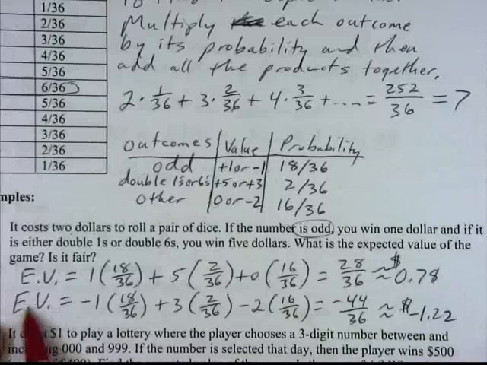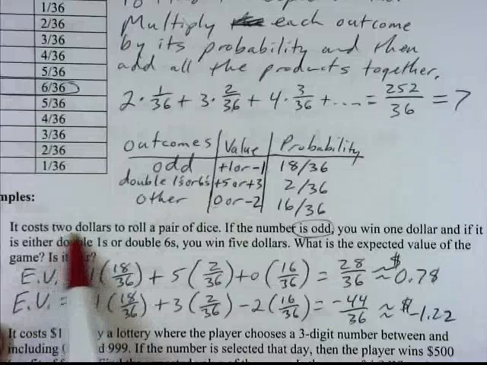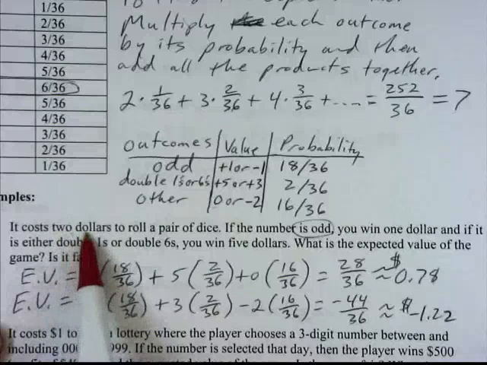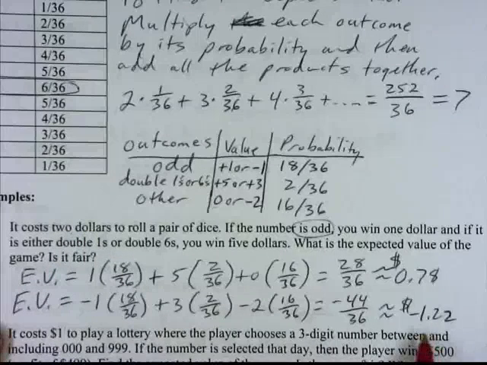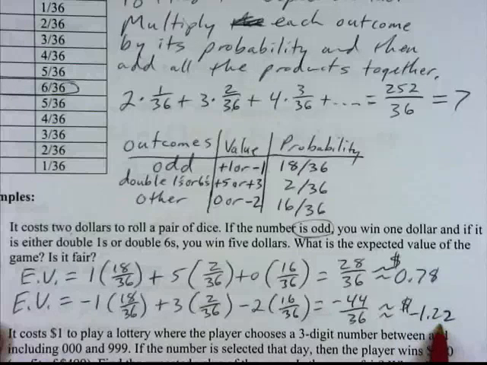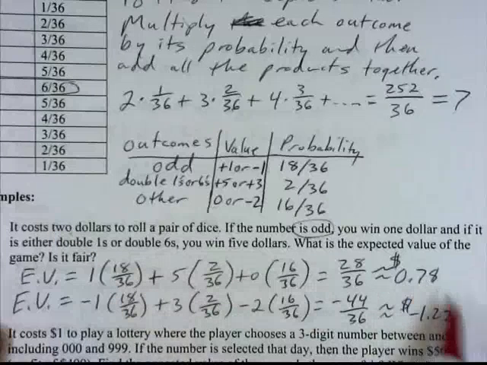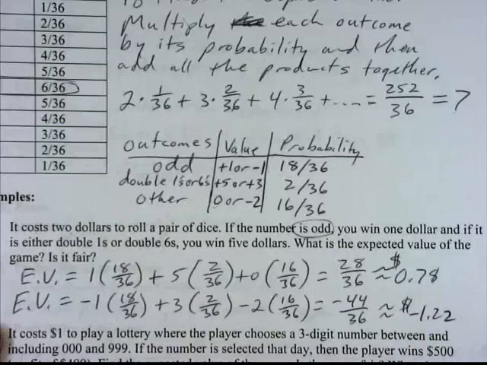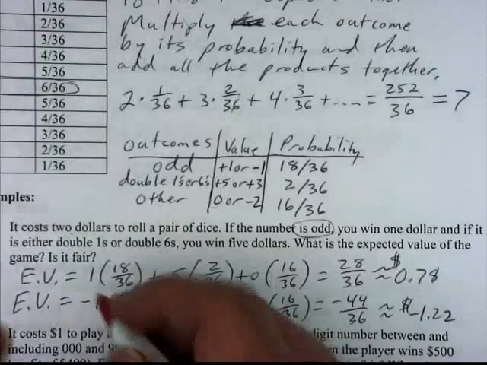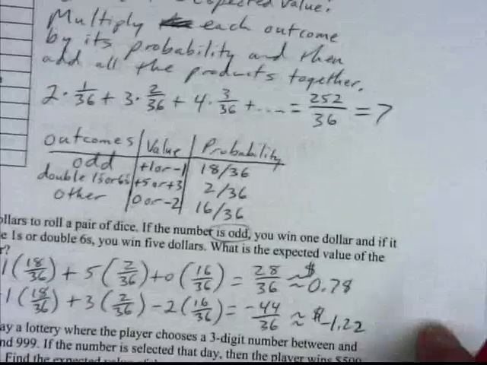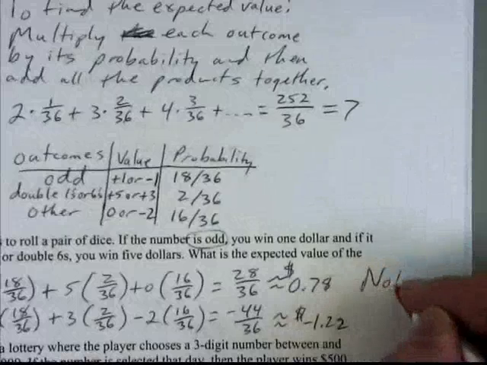The second one says, I'm going to take that pay-in price into account, and I'm going to say that on average, I'm going to walk out losing $1.22. Notice if I say I'm losing $2 and I add 78 cents to it, I come up with the same value both ways. Okay? So when we ask, is it fair, we would say it is not fair.